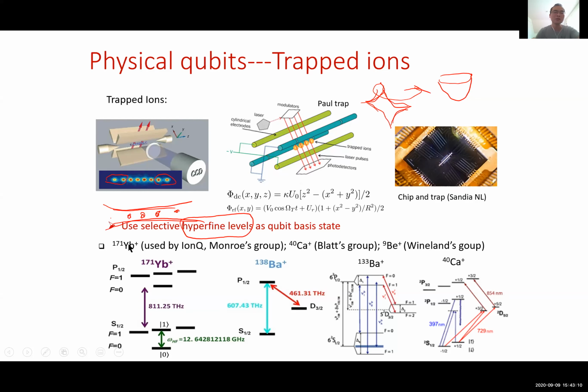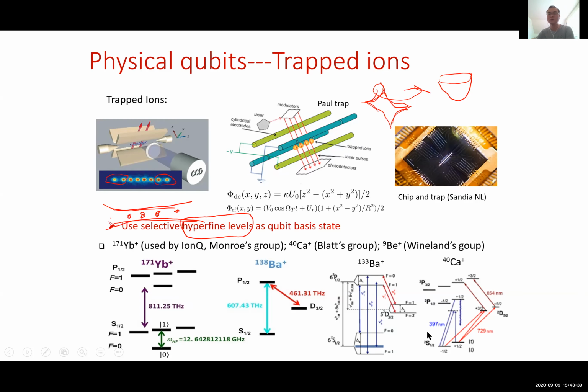They use ytterbium, and these are the so-called hyperfine levels, and they use 2 of them as the qubit levels, 0, 1 here. There's also calcium that's been used, barium, and other ions.